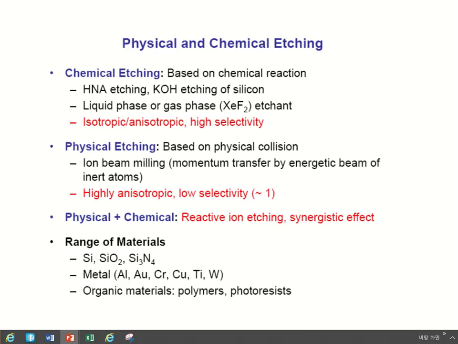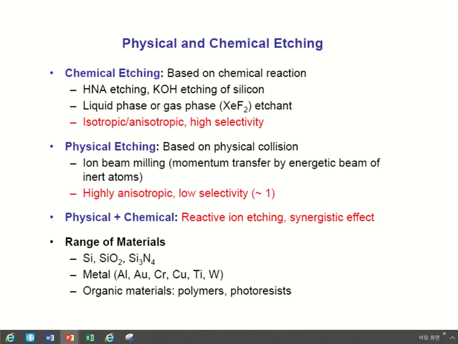For physical etching, you are based on the physical collision of your ion or electron to the target material. So ion beam milling, you use the momentum of energetic beam of atoms. Because it has certain directivity of the ion, it has high anisotropic result.